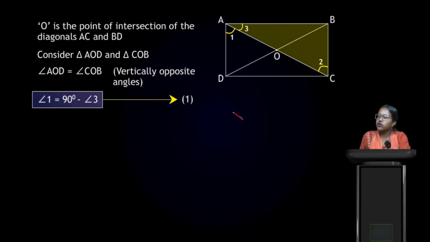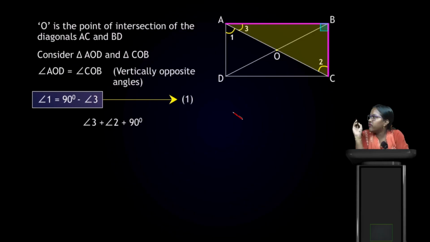Now here you see another triangle is there. Triangle ABC. Again angle B is how much? 90 degree we know. So that means angle 3 plus angle 2 plus 90 degree.